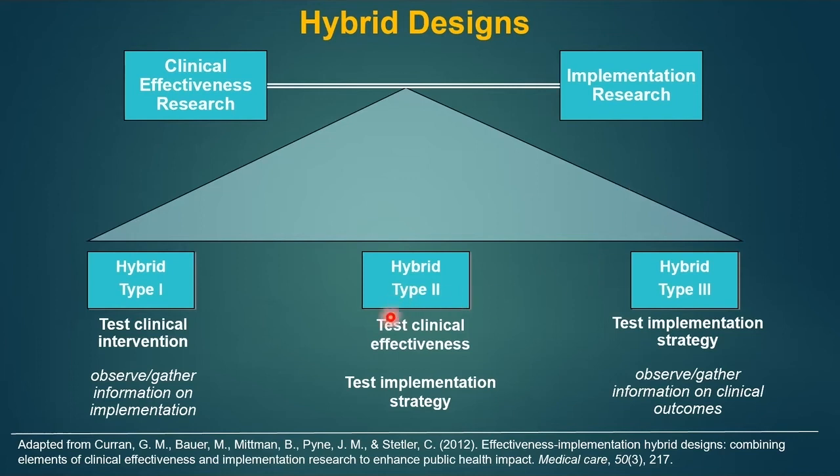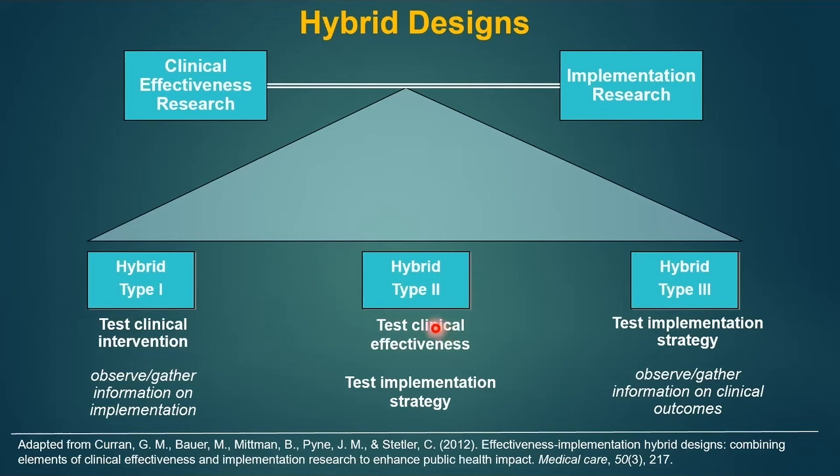Well, you know, context does matter. And it seems like a good idea just to make sure, even though the intervention is evidence-based, that with a hybrid design type 2, we can still make sure that we're getting the desired clinical or health effectiveness outcome.